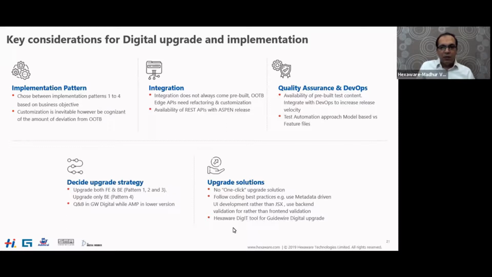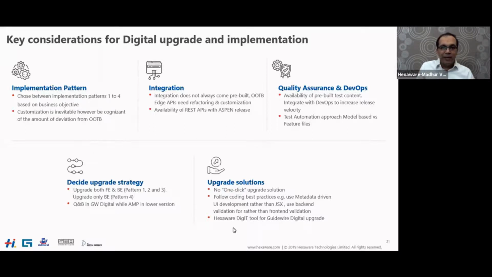I think the third point that is very, very important is how do you ensure quality and how do you ensure the release velocity, right? So what we have seen is that, at least for digital, there is no pre-built test content or test automation content available. So one needs to look into how to build that test automation suite, or use a pre-built test automation suite from a service provider.